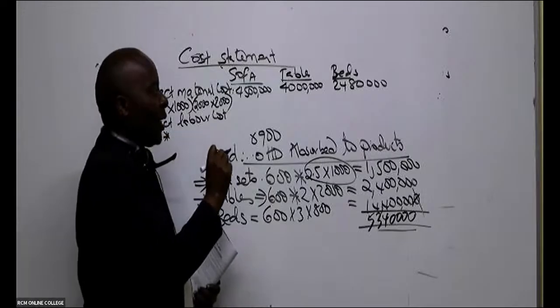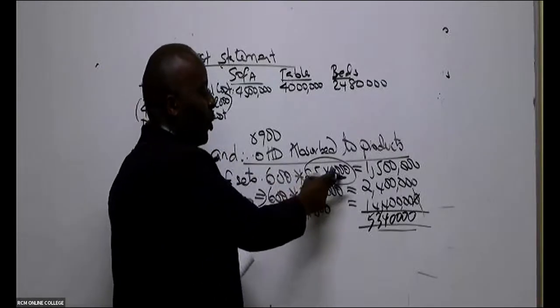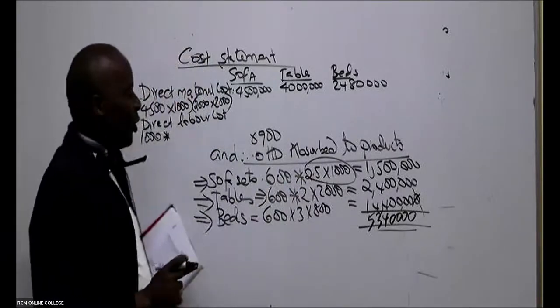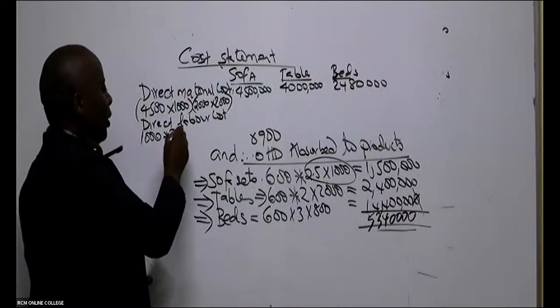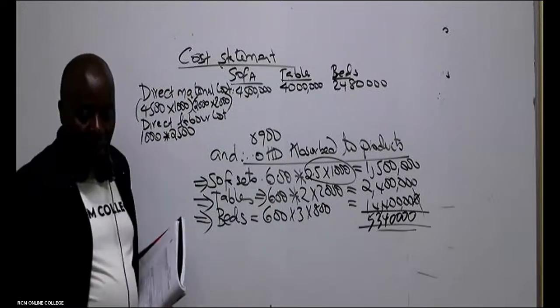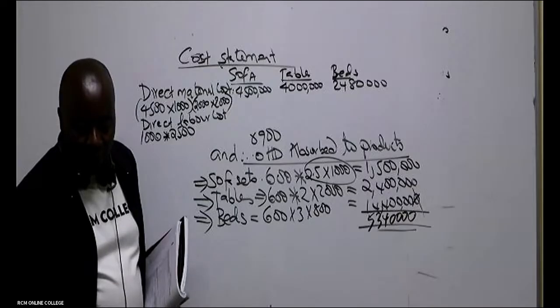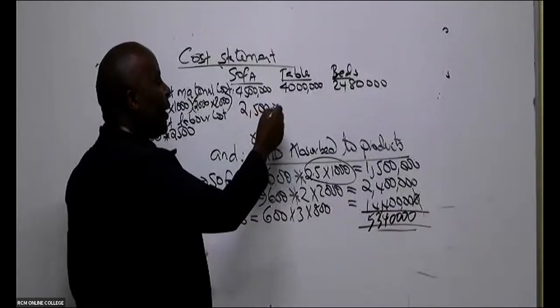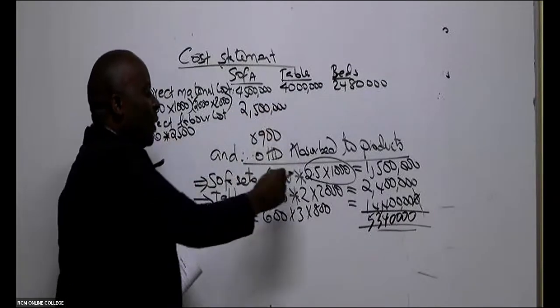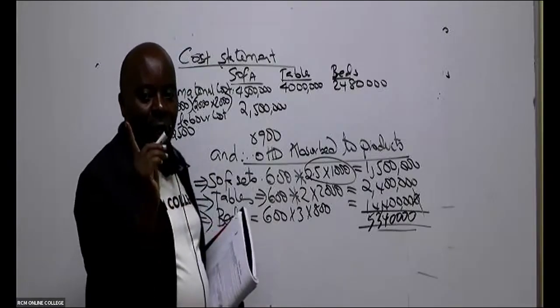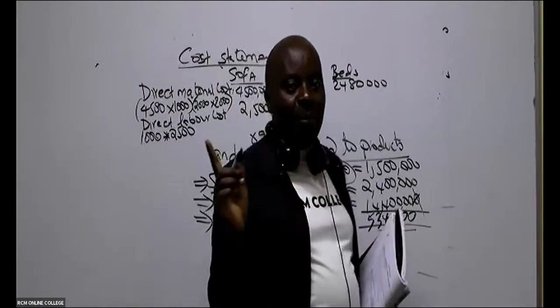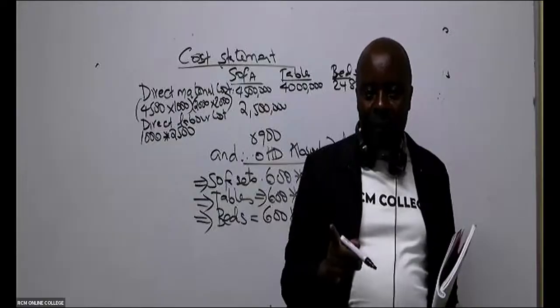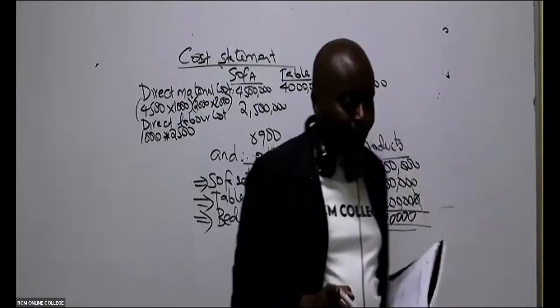Each sofa is 2.5 hours, and we're going to produce 1,000, so it will be 1,000 times 2.5. Remember, 2.5 is per sofa set, and we are doing a cost statement for the whole company.